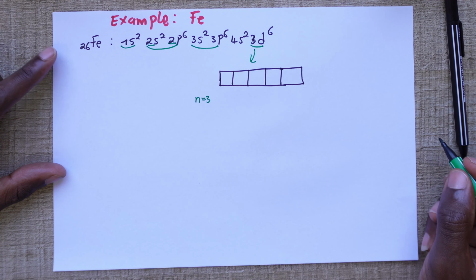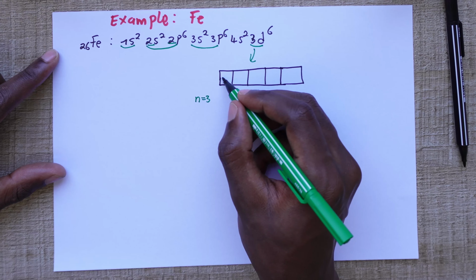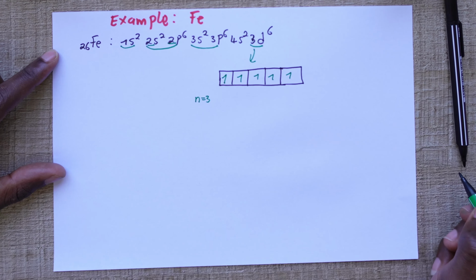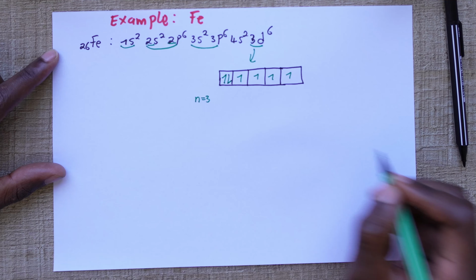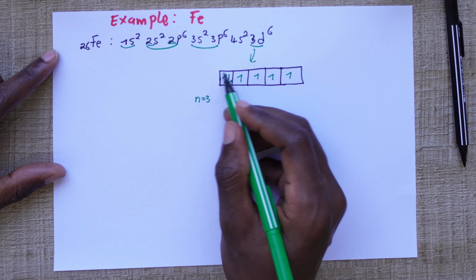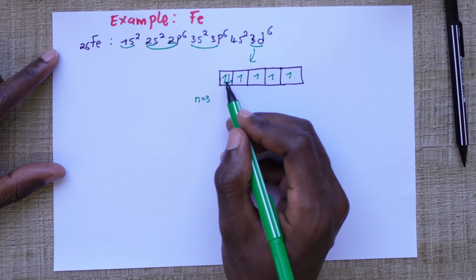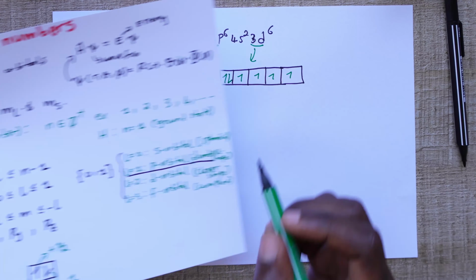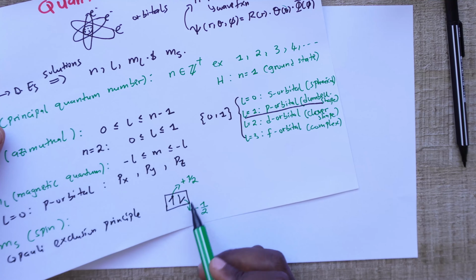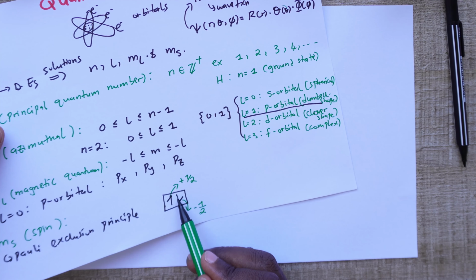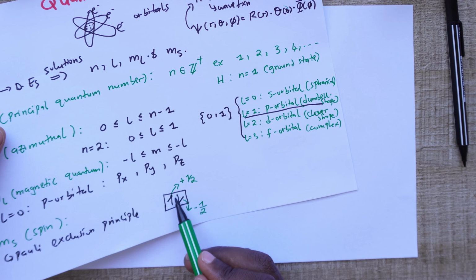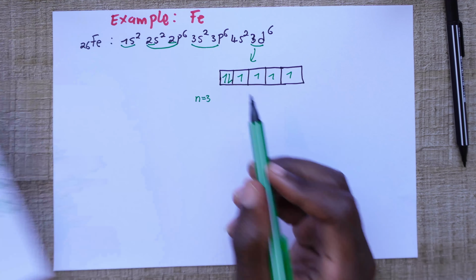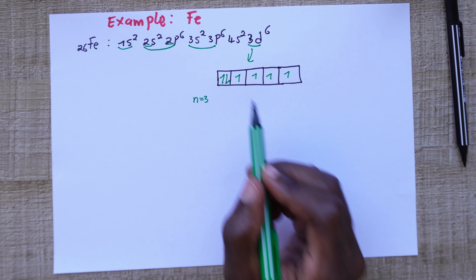There are 6 of them, so if you want to fill in the boxes, we need to do 1, 2, 3, 4, 5, and then 6. Remember, this is a consequence of the Pauli exclusion principle, which tells us that 2 electrons cannot have the exact same quantum state in an orbital. If one is plus half, the other one automatically has to be negative half. That's why we have this.